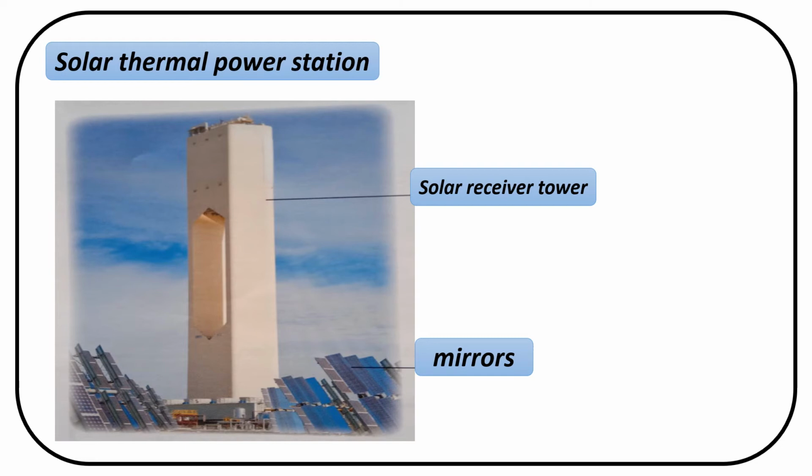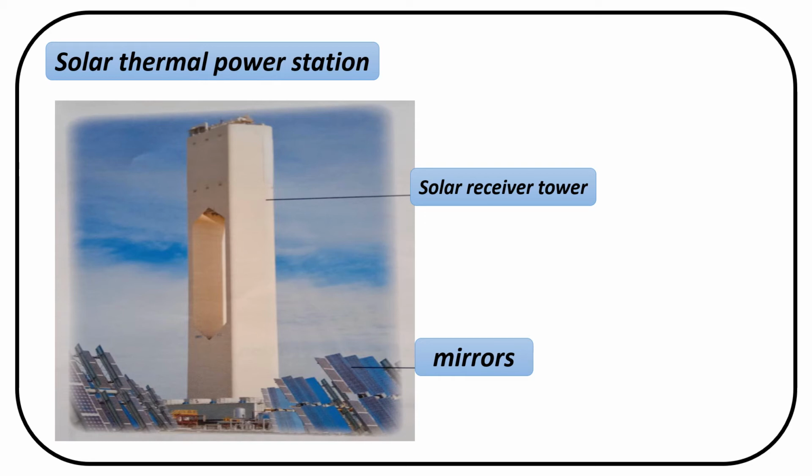So the sunlight from the sun is reflected by mirrors to the solar receiver. Then the sunlight energy is converted into heat energy. Do you understand?